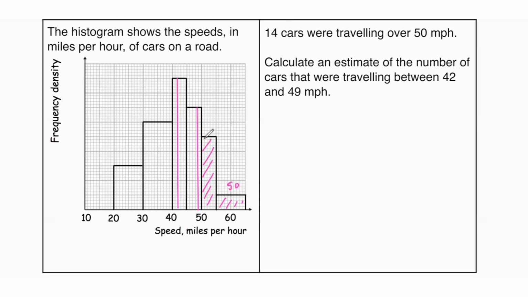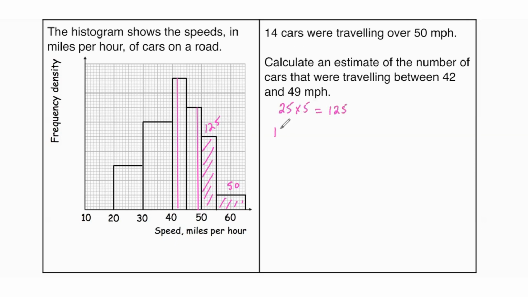For 50 to 55, that's basically 125, because we have 25 small boxes in one big box. So we have 1, 2, 3, 4, 5. So if we do 25 times 5, that's 125.